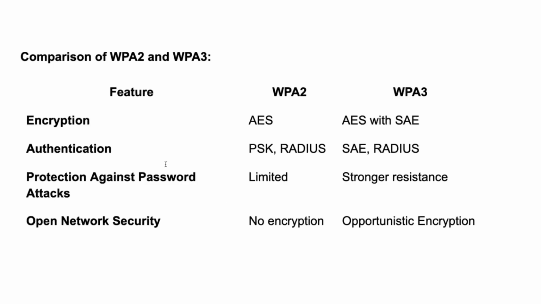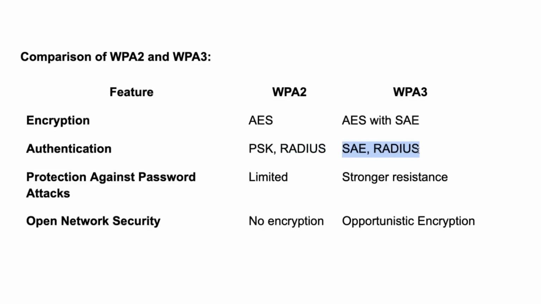So if we did a side-by-side comparison of these, the encryption level for WPA2 is the Advanced Encryption Standard. On WPA3 it is the Advanced Encryption Standard with the Simultaneous Authentication of Equals. The authentication mechanism for WPA2 would be the PSK, which stands for the personal version, as well as RADIUS, Remote Authentication Dial-In User Service.